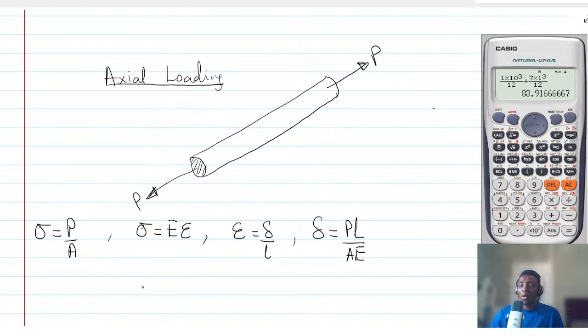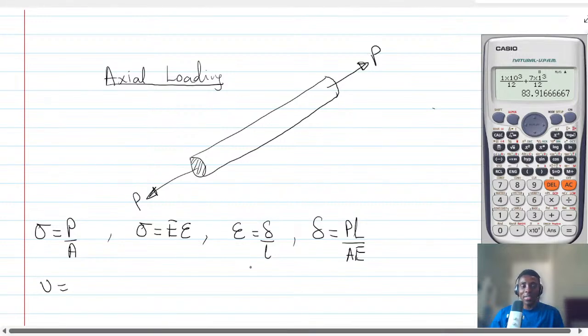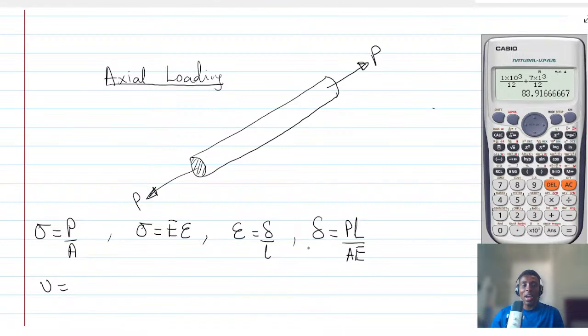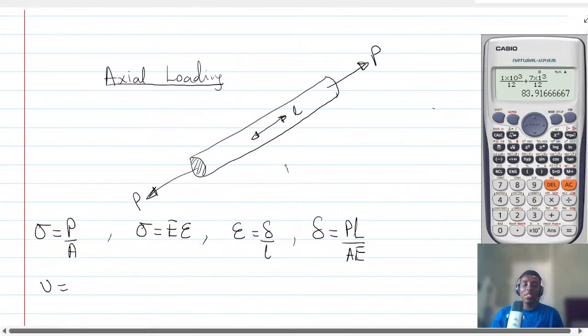We have what we call the Poisson ratio. Poisson is saying that, let's say I give you something like this. Imagine applying a force here. There will be a change in length along the length, and as the length changes, the diameter also tries to shrink in.